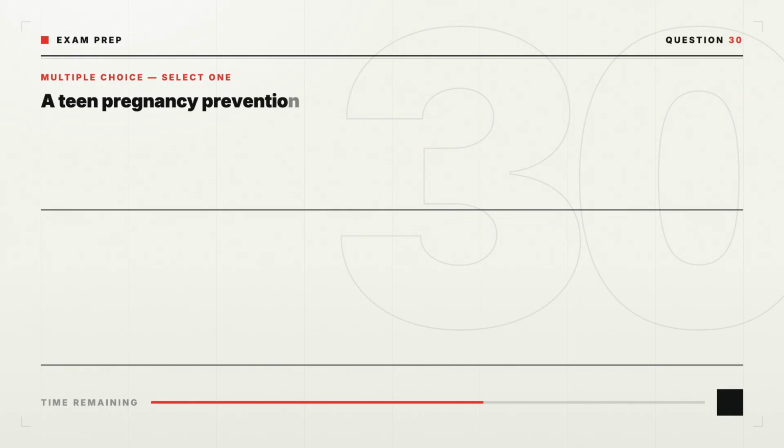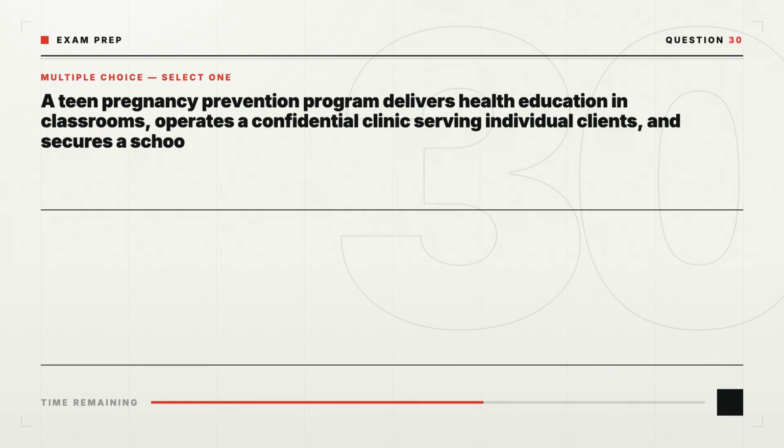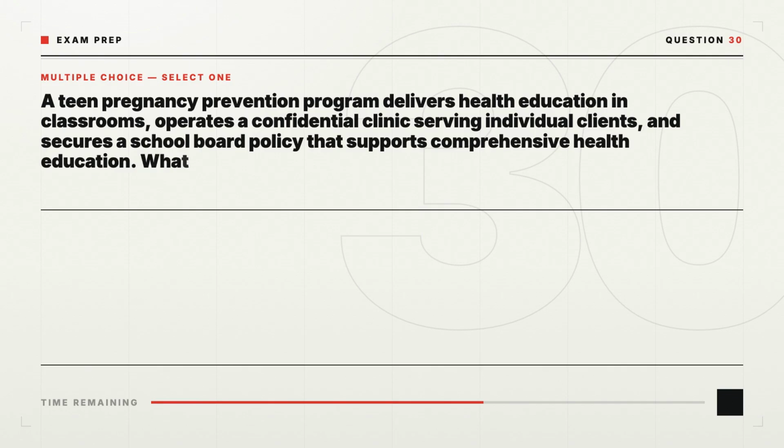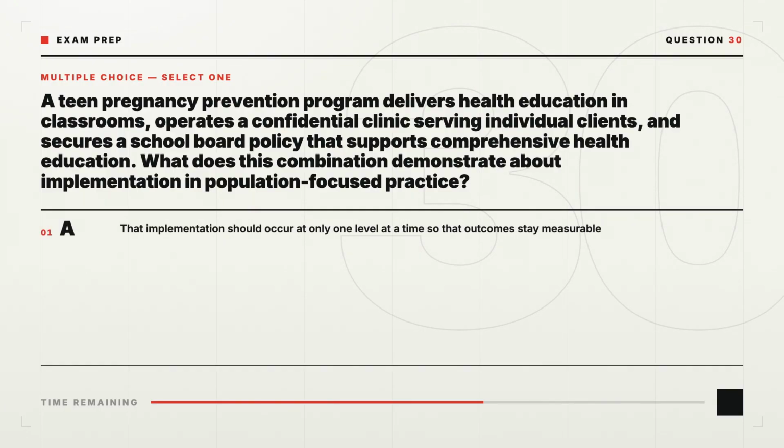Question 30. A teen pregnancy prevention program delivers health education in classrooms, operates a confidential clinic serving individual clients, and secures a school board policy that supports comprehensive health education. What does this combination demonstrate about implementation in population-focused practice? Your options are A. That implementation should occur at only one level at a time so that outcomes stay measurable.